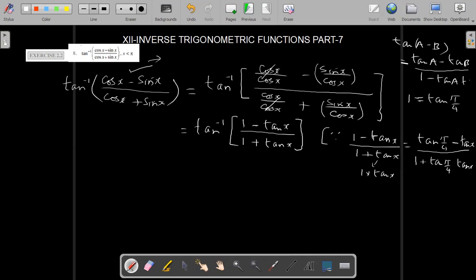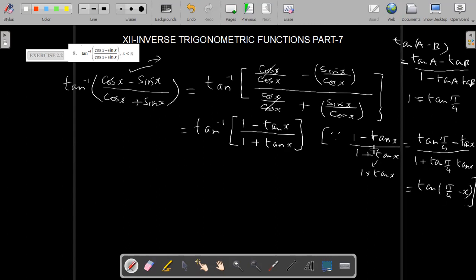So this can be converted into tan (a minus b). Here a is 45 degrees, so tan (pi by 4 minus b), and b is x, so tan (pi by 4 minus x).